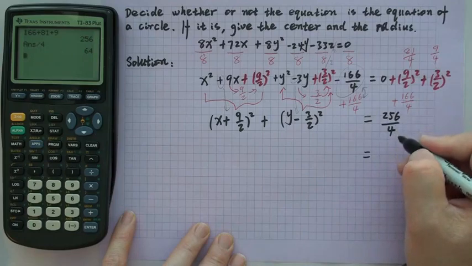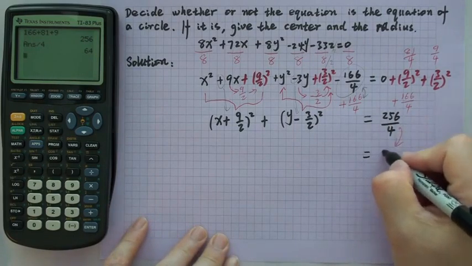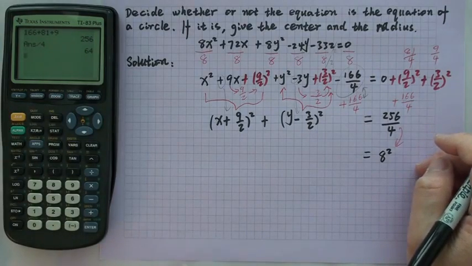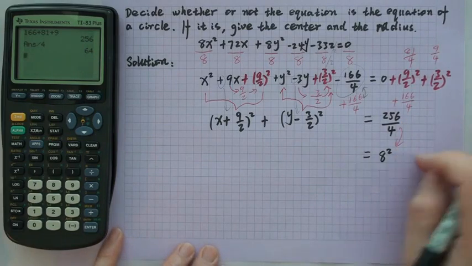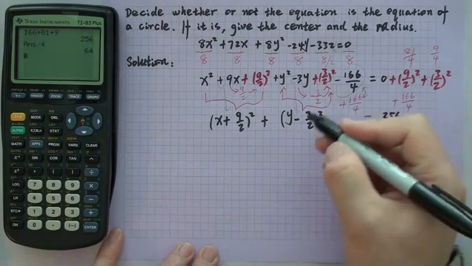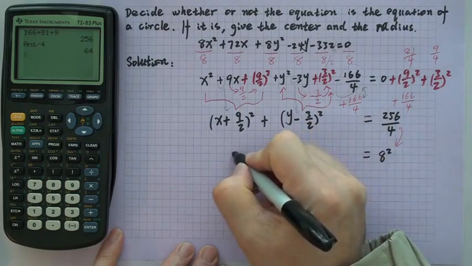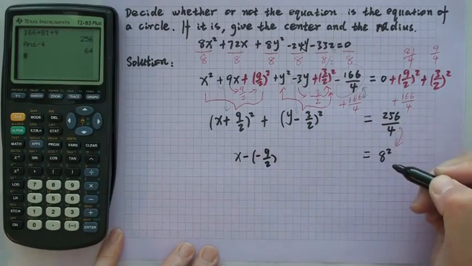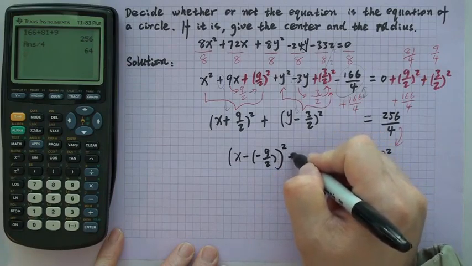But we know 64 is what? It is 8 squared. That's the right-hand side. Left-hand side, you see x plus 9/2, so it is x minus negative 9/2 and then squared.